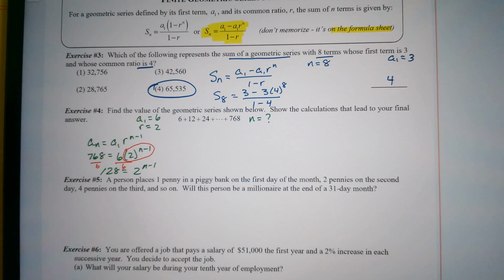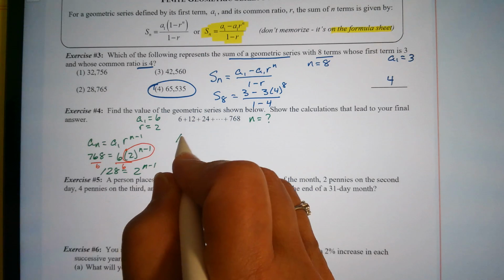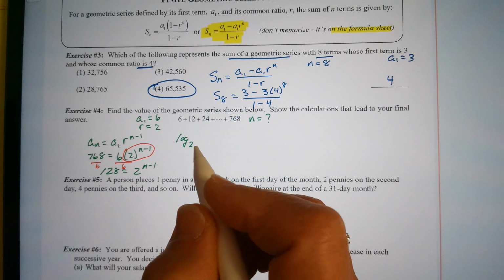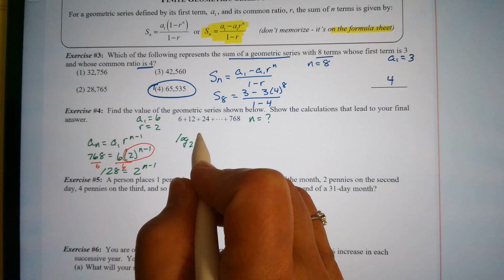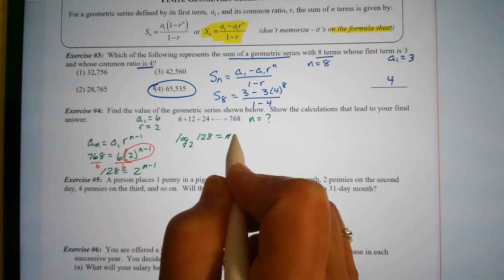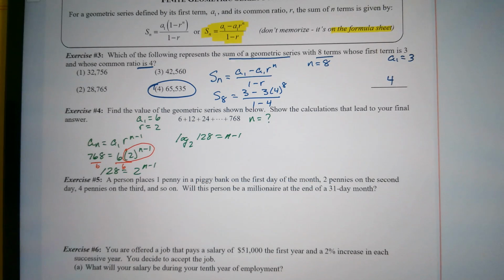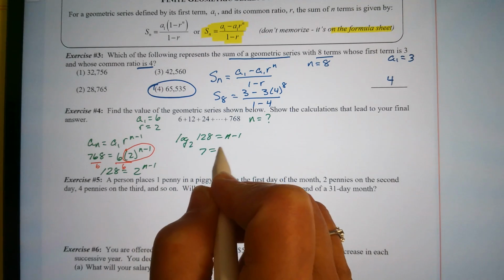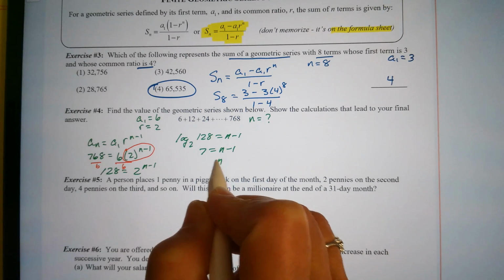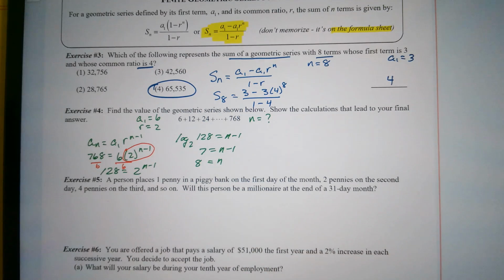And then we could switch to log form. Log base 2 of 128 equals n minus 1. And log base 2 of 128 is 7. Add 1, n equals 8.